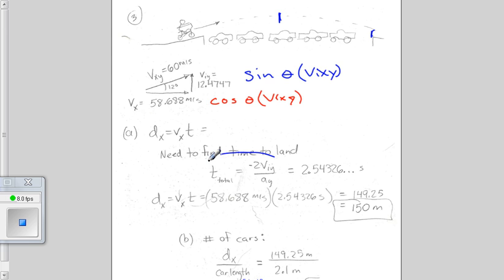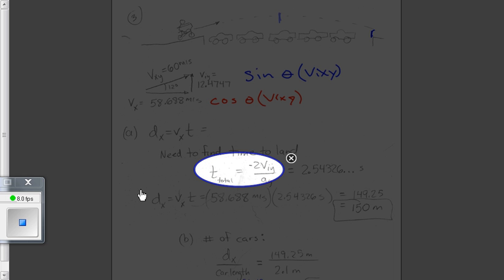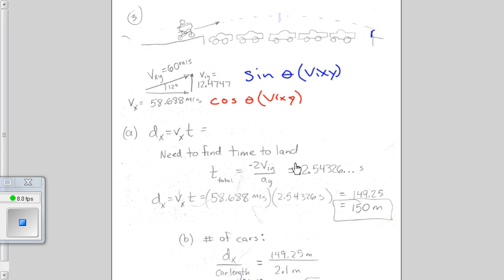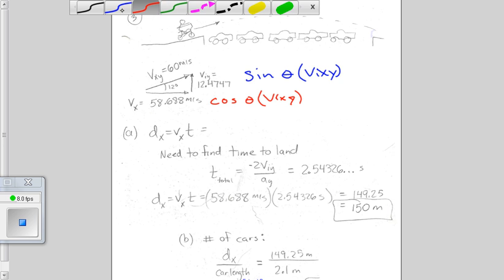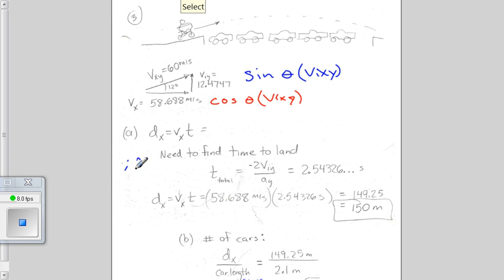Now that equation has a very specific purpose. That equation only works if the landing is at the same height, so be careful not to use it in situations when that's not true.